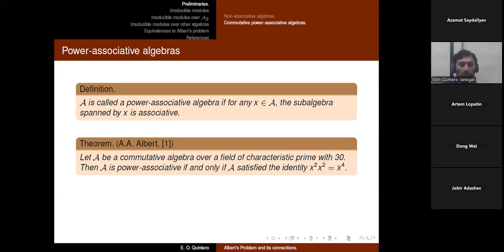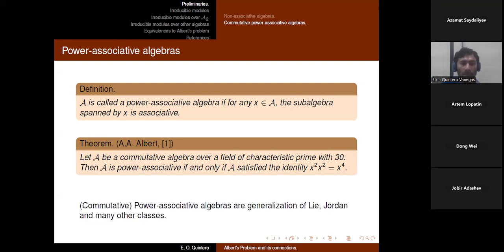If we consider a commutative algebra over a field of characteristic different from 2, 3, and 5, then A is power associative if and only if A satisfies the identity x squared times x squared equals x to power 4.